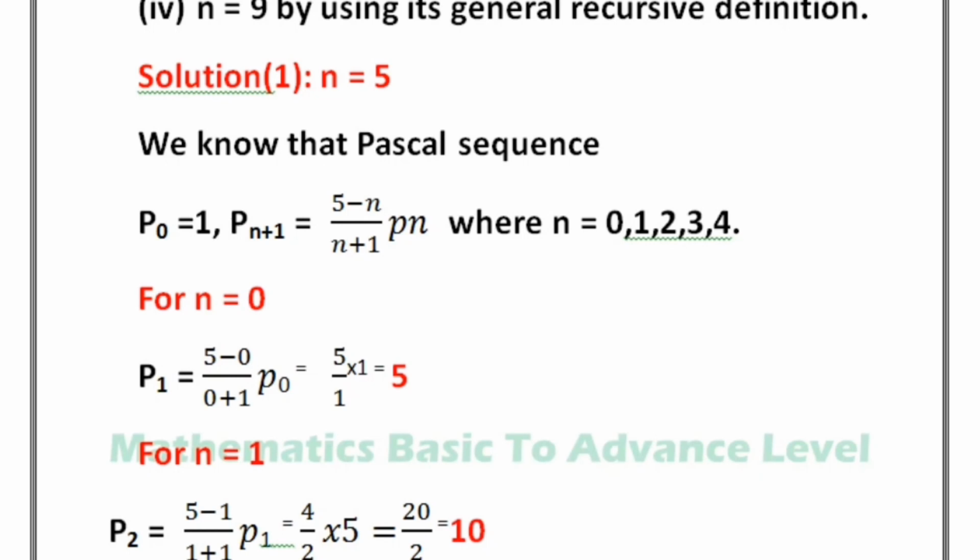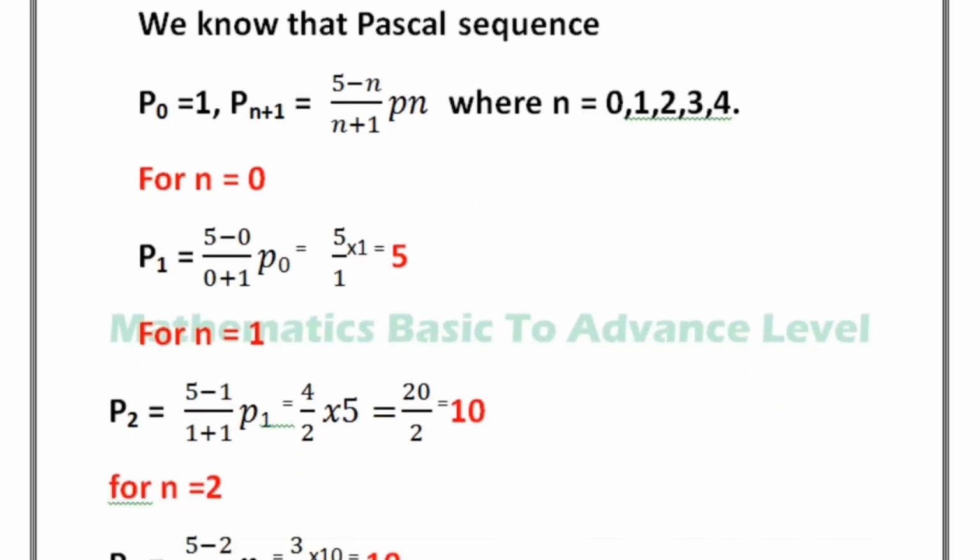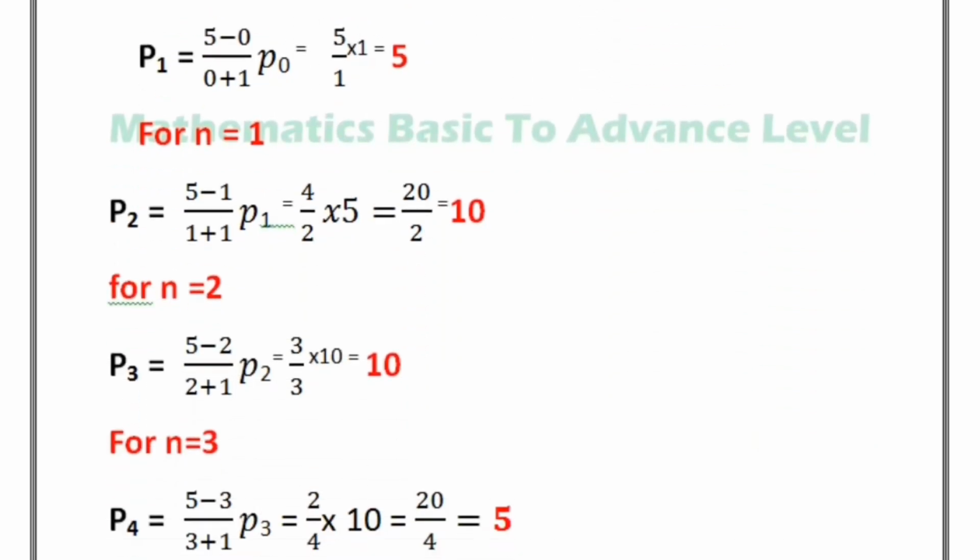Next, for n is equal to 1, p2 is equal to (5 minus 1) divided by (1 plus 1) times p1, which is equal to 4 divided by 2 times p1. The value of p1 is equal to 5. So 5 4s are 20, divided by 2, 10 twos are 20.